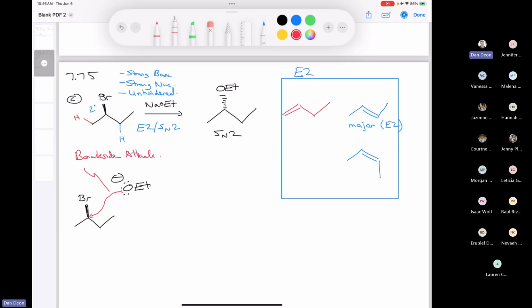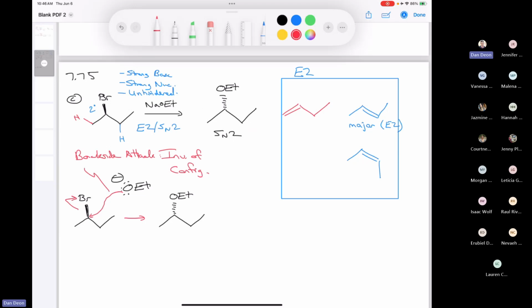And when we have backside attack, it results in inversion of configuration. Always. Okay, so we get nucleophilic attack, and then we get our loss of leaving group, and then we end up switching the stereochemistry. All right, so in SN2, if there's a chiral center, it will always result in inversion of configuration. Does that make some sense?